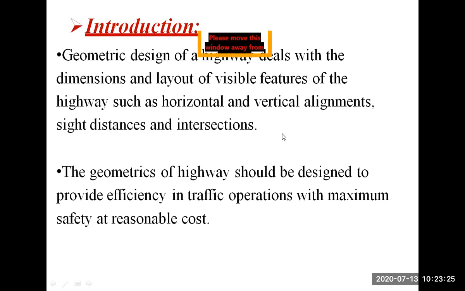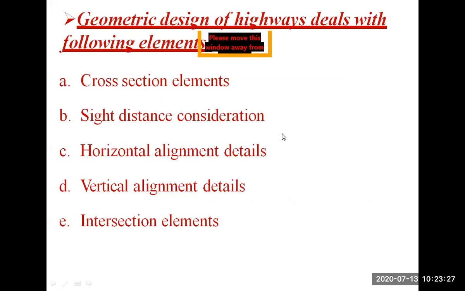Okay, so we'll proceed to the next slide. What do these cross-section elements actually deal with, and how many cross-section elements are you going to study in this chapter? I hope ma'am has taught you this chapter, and it's a revision for you, but still it's very important and interesting. So what are the various geometric designs you are going to see?